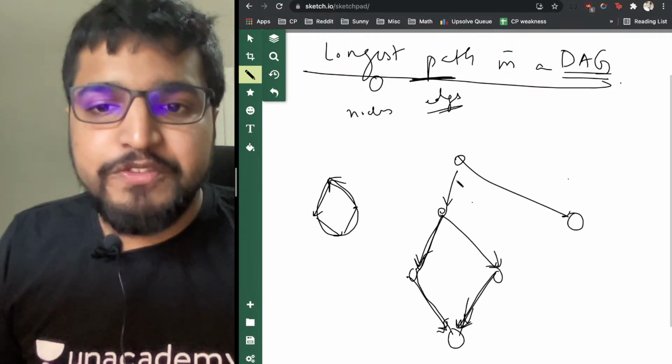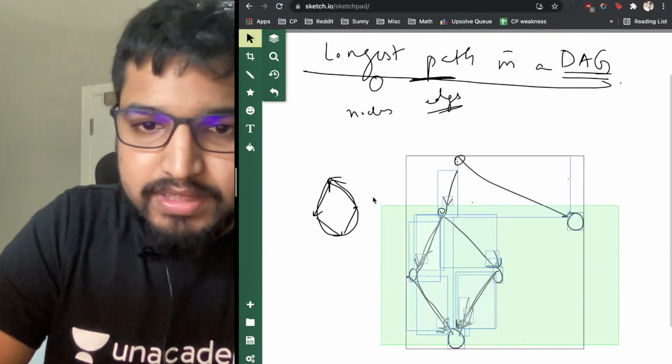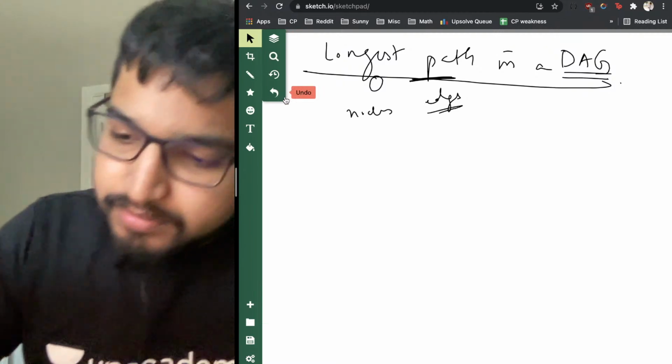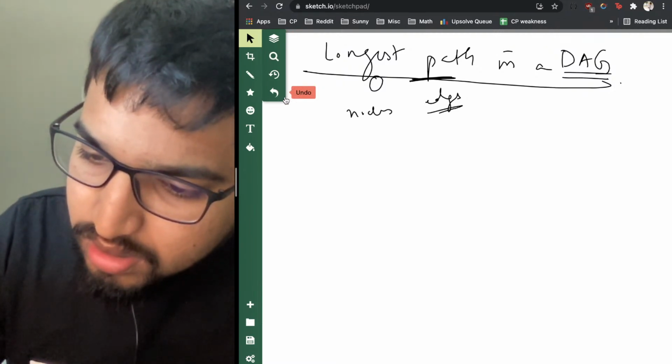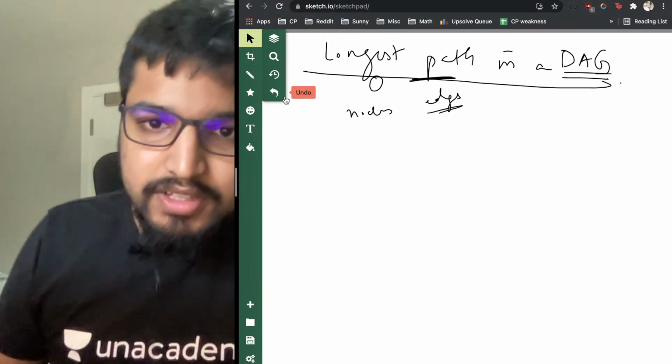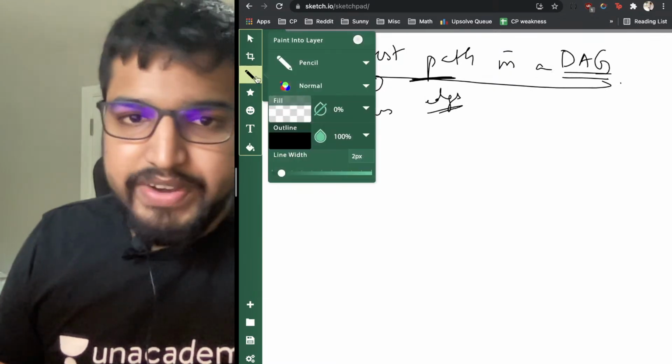Now the question asks you to find the longest path. Let's take an example to see what the question means. Say you have this directed acyclic graph.